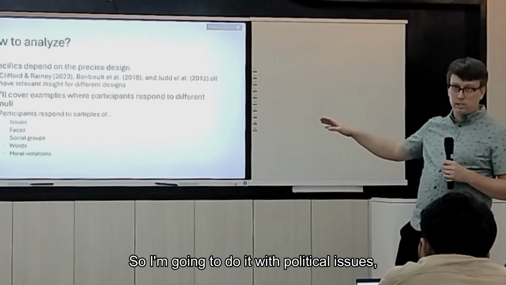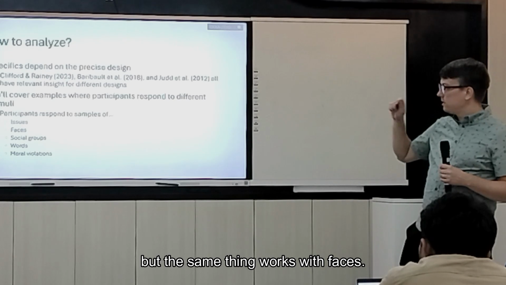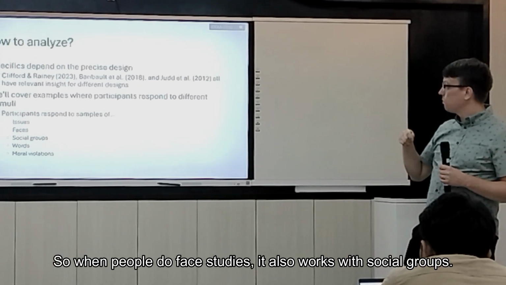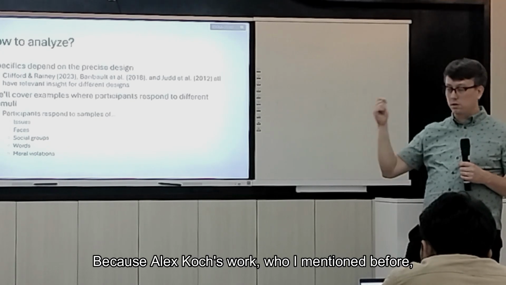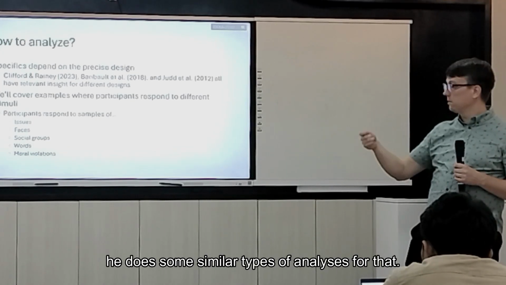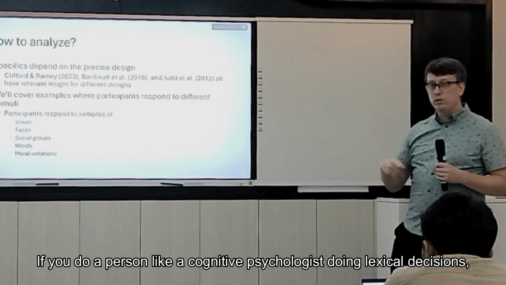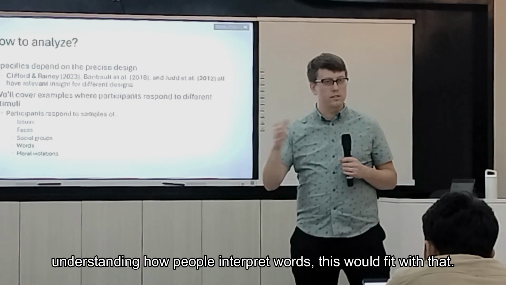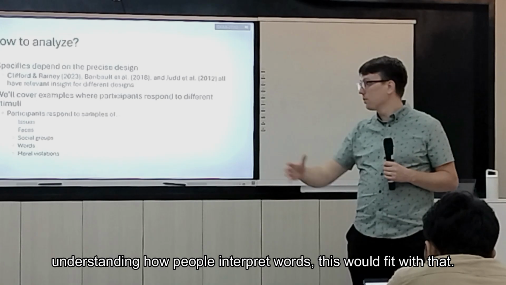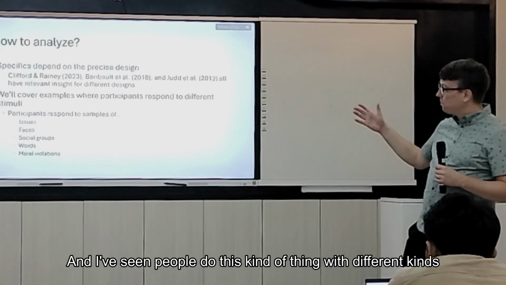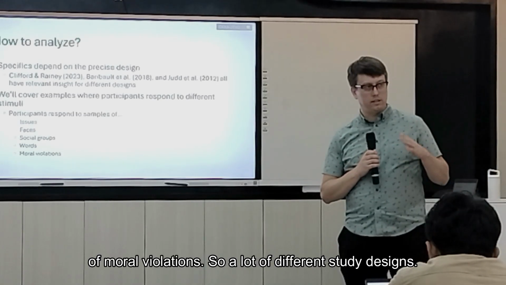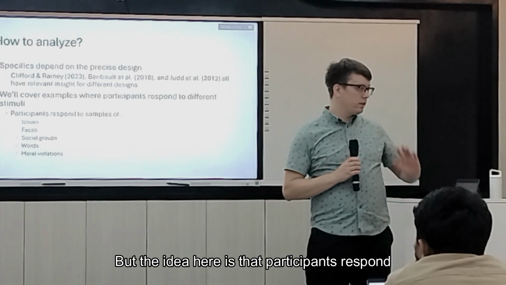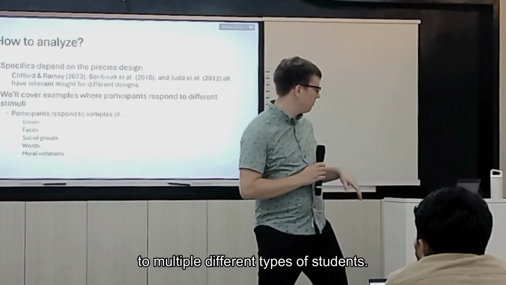I'm going to do it with political issues, but the same thing works with faces. When people do face studies, it also works with social groups, because Alex Koch's work, who I mentioned before, does some similar types of analyses for that. If you're a cognitive psychologist doing lexical decisions, understanding how people interpret words, this would fit with that. And I've seen people do this kind of thing with different kinds of moral violations. So a lot of different study designs, but the idea here is participants responding to multiple different types of stimuli.